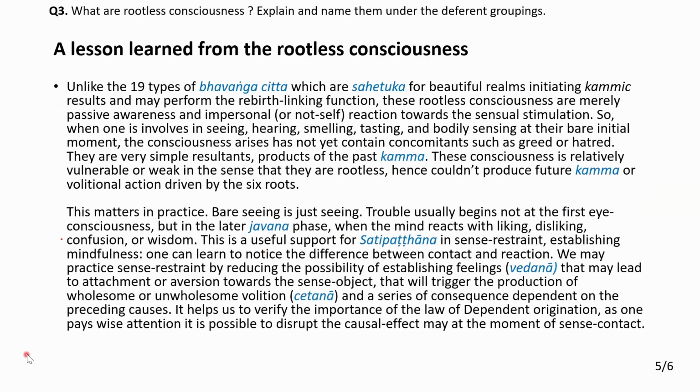Okay. See, unlike the 19 types of Bhavanga Chitta, which is Sahetuka, it's true, they have roots, but the roots are not Kusala roots. They are Abyakata roots. So this Sahetuka can refer to Kusala Chitta, Vipaka Chitta, and Kriya Chitta, I think.